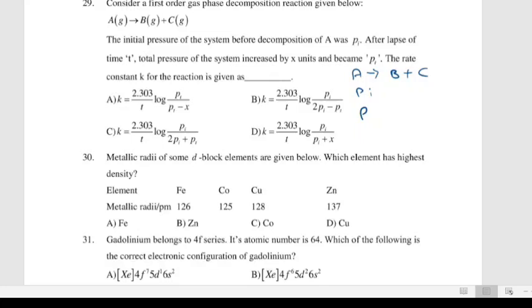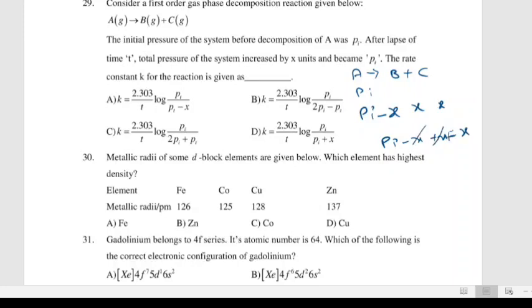When Pi is reduced by x units, then x units of B and x units of C will be formed, and the total pressure will be Pi minus x plus x plus x.